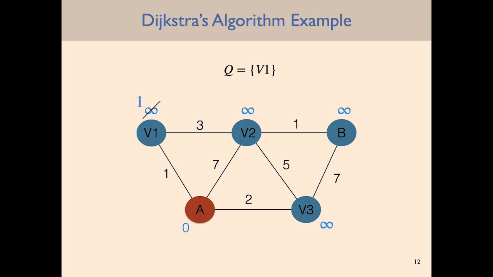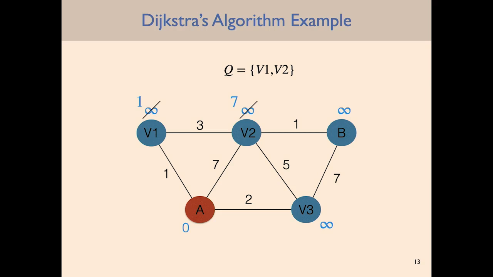And now we're going to do the same thing for the two other neighbors of A. So let's look at V2. We do the same kind of computation here. The cost to come to V2 is the cost to come to A, which was 0, plus the cost associated with this edge that connects A to V2. So that cost is 7.